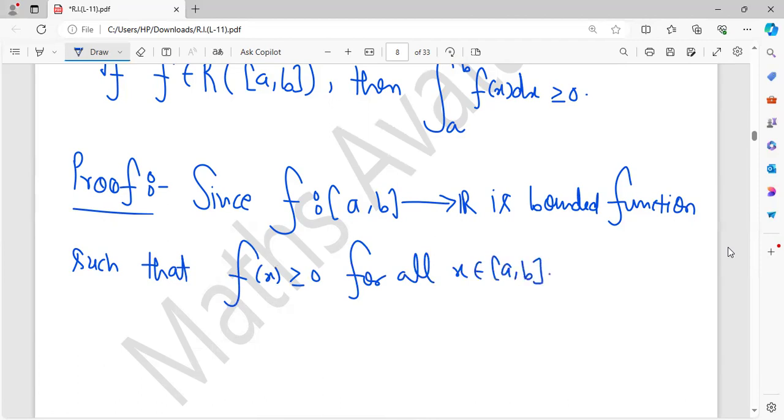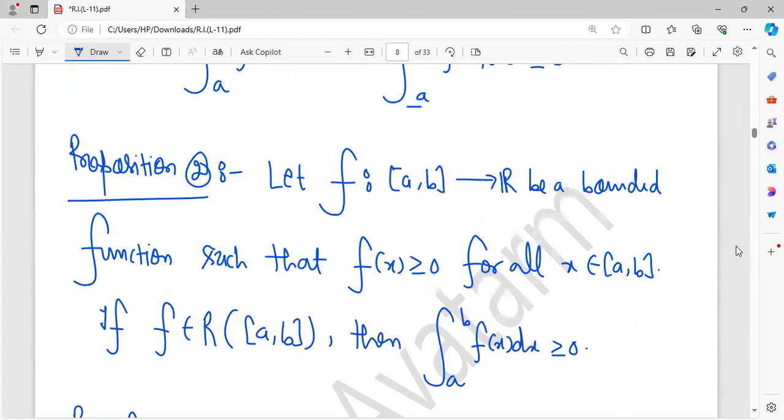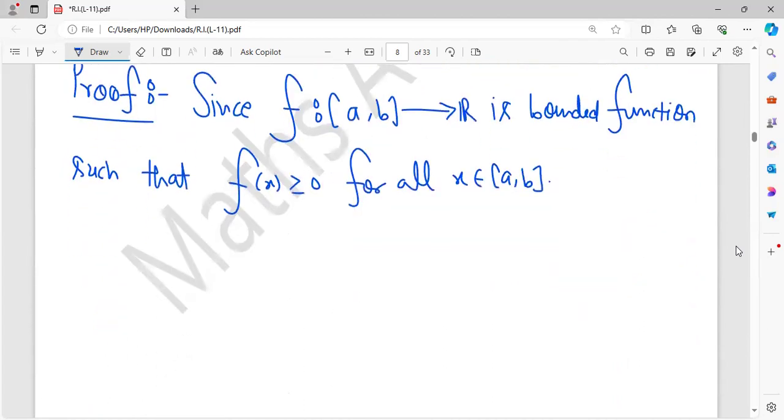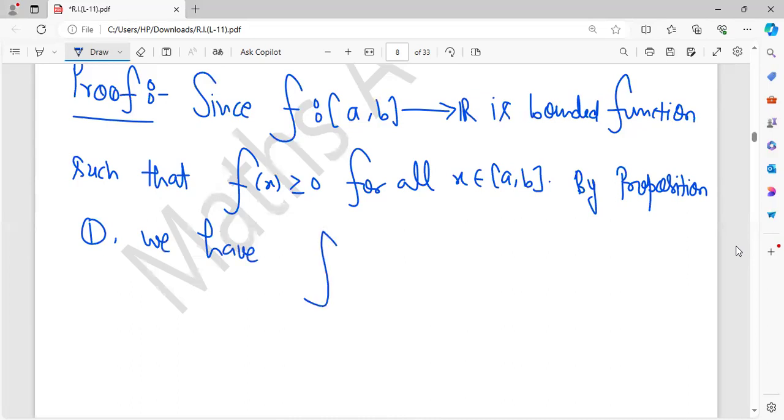Okay. So by proposition 1, we have the lower integral of f(x) dx is greater than or equal to 0.